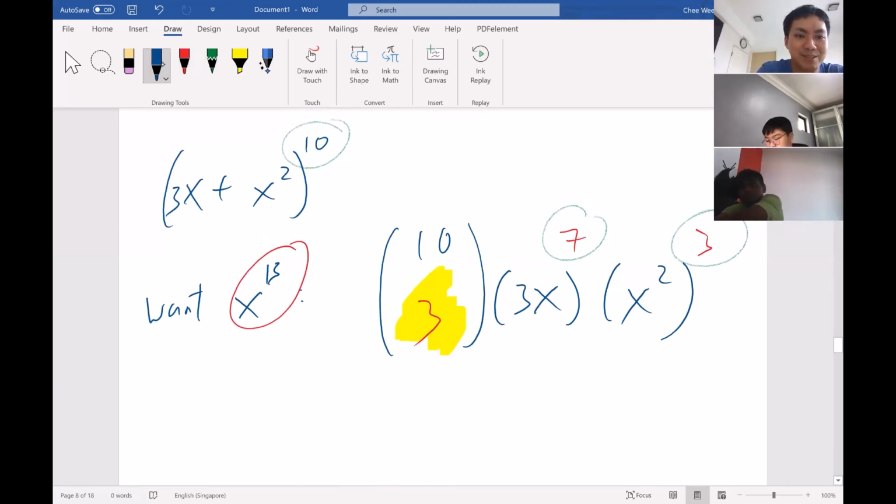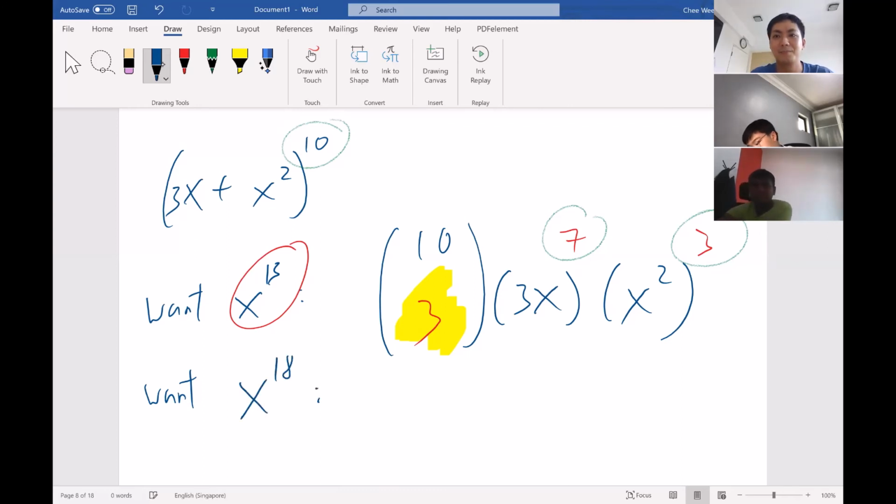So Pavan, you try the second one. I should have written this down just now. Okay, if I want x to the power of 18, can you use comparing coefficients to solve this?